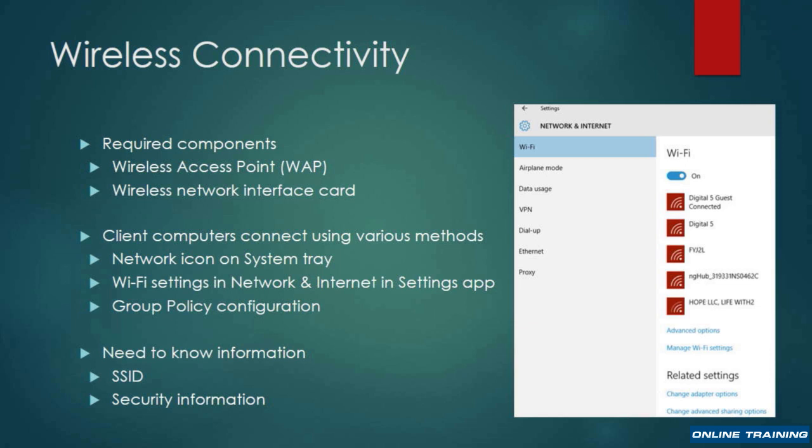Primarily, you need to know the SSID, but then you also need to know security information. You don't need to know really what protocol is being used, but you need to know the passphrase, or the WEP key, or if it is actually using 802.1x and certificate authentication, then that's a little bit more extreme, and at that point, we're going to have to make sure that we have certificates. So you have to know how you're going to be connecting, what type of information is going to be required.